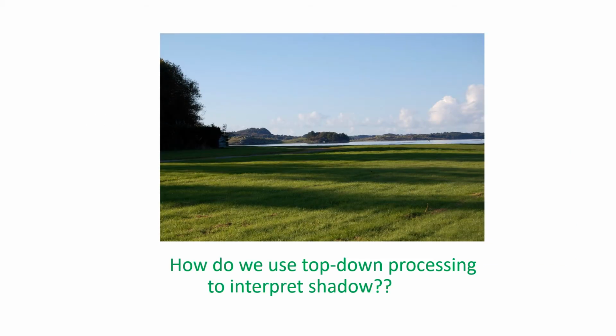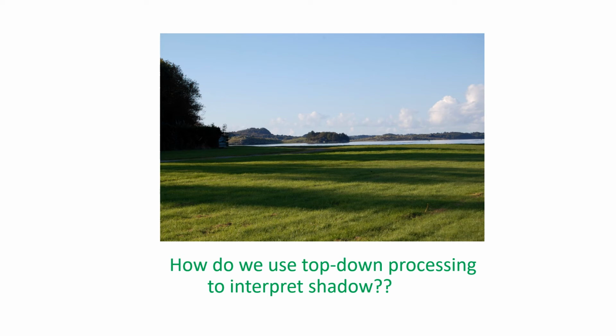And this is usually the picture I get to and ask, how do we use top-down processing to interpret shadow? You can pause it and think about it, and different students answer differently here, and sometimes people have specific examples of the sun probably coming over, illuminating from above and from the left, and that those look like potentially large bushes or trees.